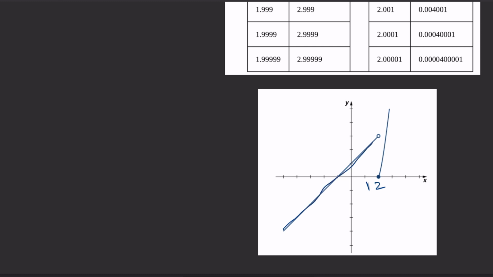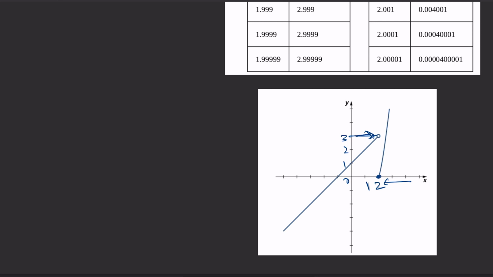Okay, and for x greater than or equal to 2, this is x square minus 4. Here you can see that from the left hand side I am getting 3, and from the right hand side I am getting 0.